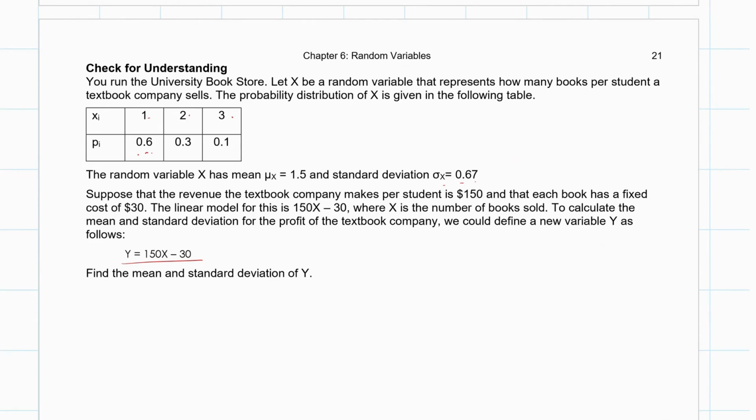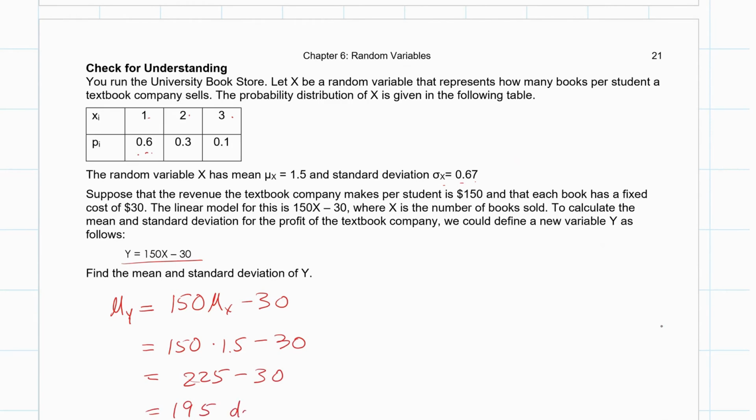Therefore, the mean of Y could be found by saying 150 times the mean of X minus 30, or 150 times 1.5 minus 30. That looks like 225 minus 30. That is 195, and that unit would be in dollars.